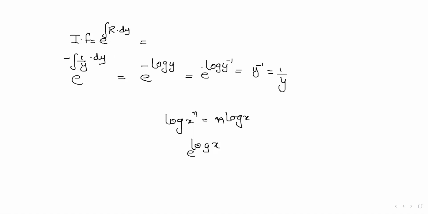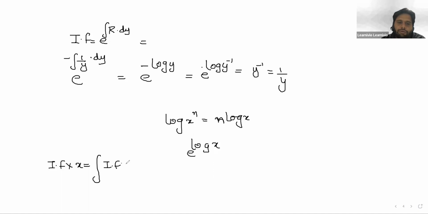Now please solve this. But integrating factor is 1 by y. What's the formula? Integrating factor into x is equal to integral of integrating factor into s dot dy plus c.